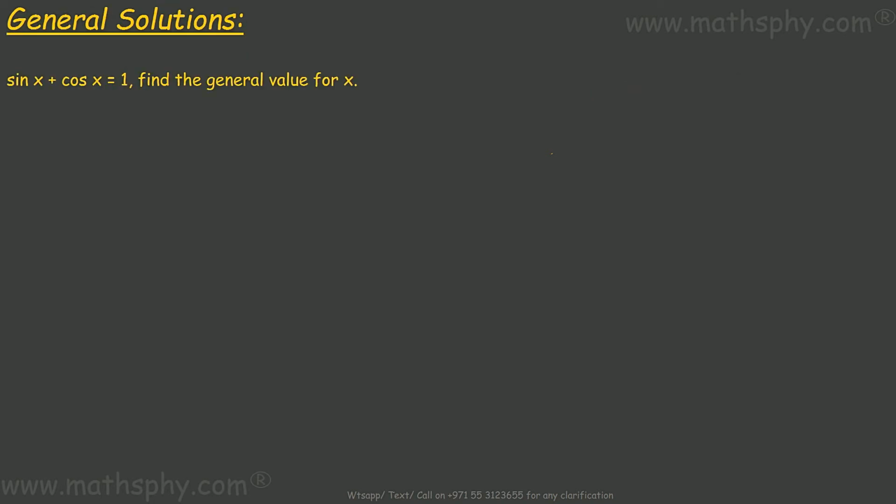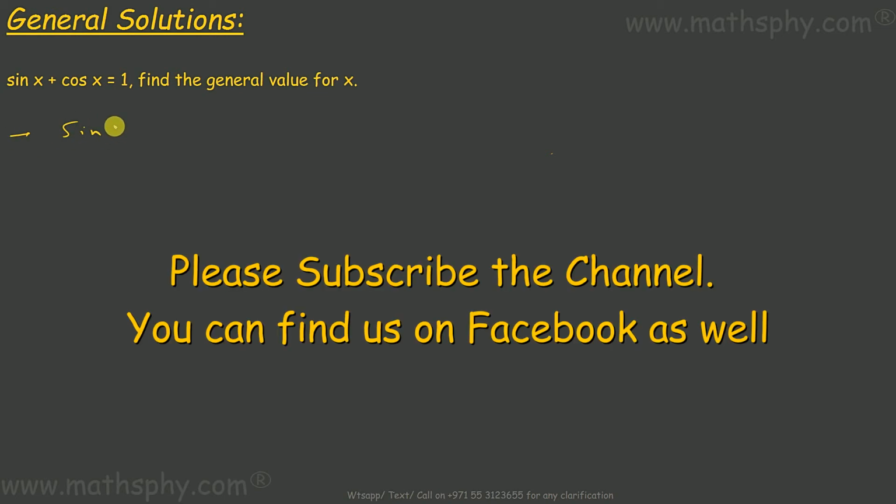This one here, sin x plus cos x equals 1. I'll write it again here. Sin x plus cos x equals 1. If I square both the sides, this will be (sin x plus cos x) whole square, and 1 square.